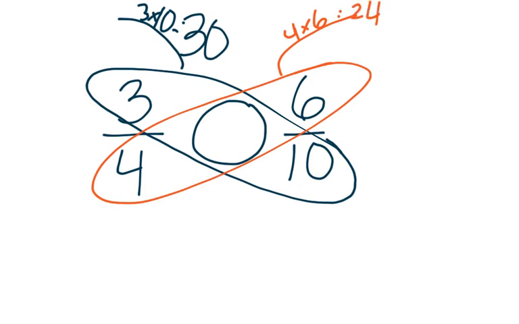Now, did I get the same products? Are 30 and 24 the same? Are they equal? No, they are not. So these two fractions are not equivalent. What this also tells me is because this product over here is greater than 24, then 3/4 is greater than 6/10.